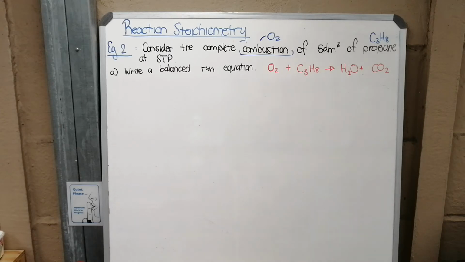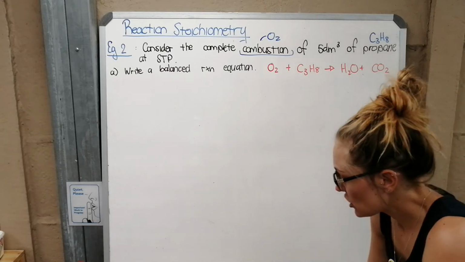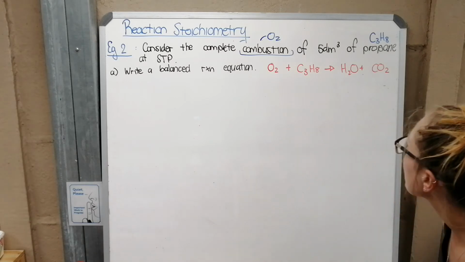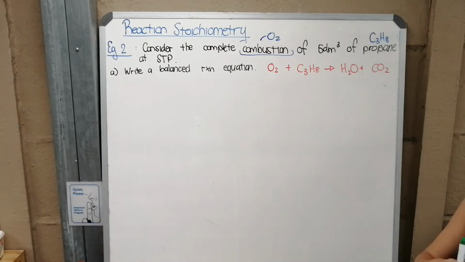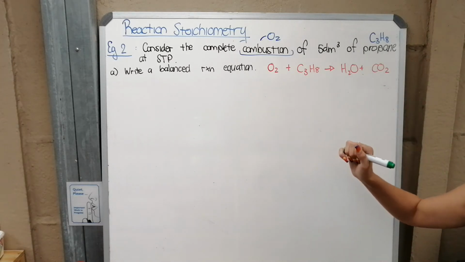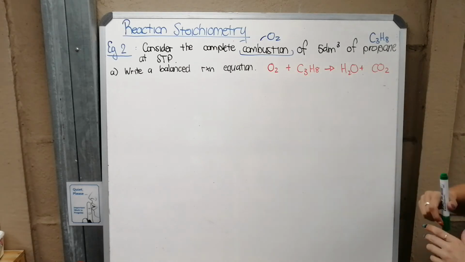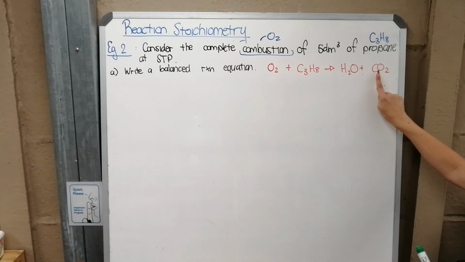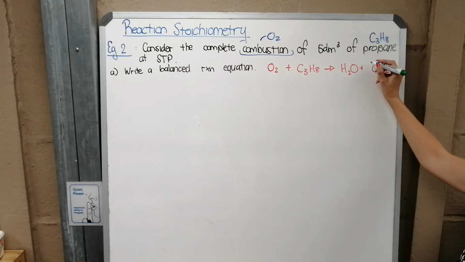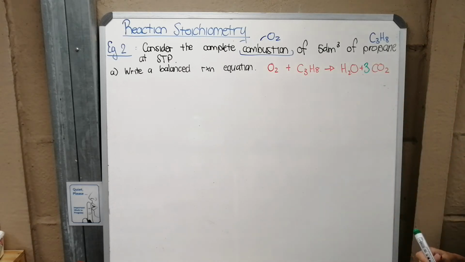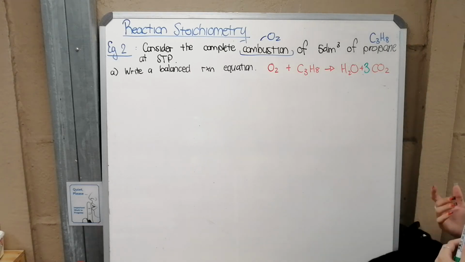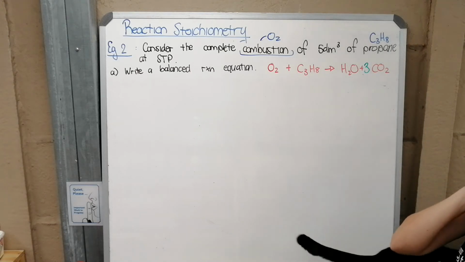Okay, so let's start with the carbons. You always want to start with something where it only exists in one compound on each side. So carbon is only in one of our reactants and only in one of our products. So here we've got 3 carbons, which means we need 3 carbons there. Next, let's do the hydrogens, because they're also only in one compound on each side.